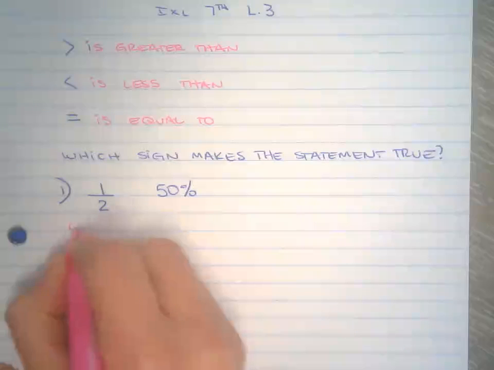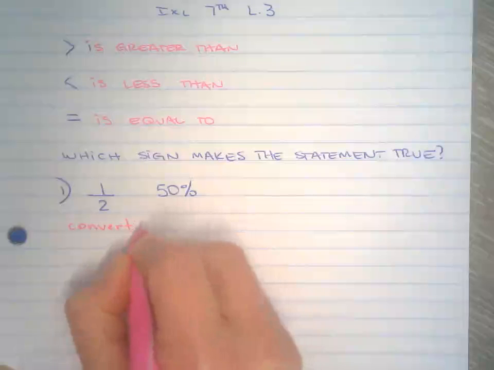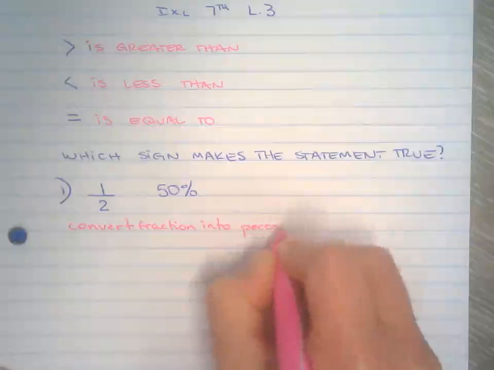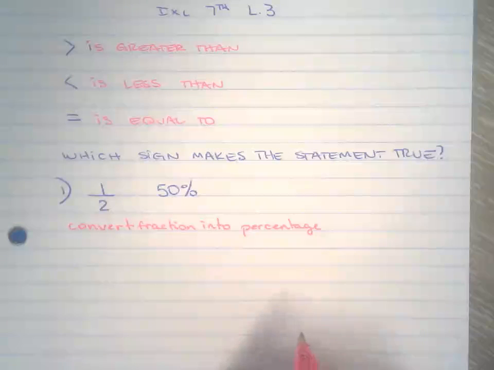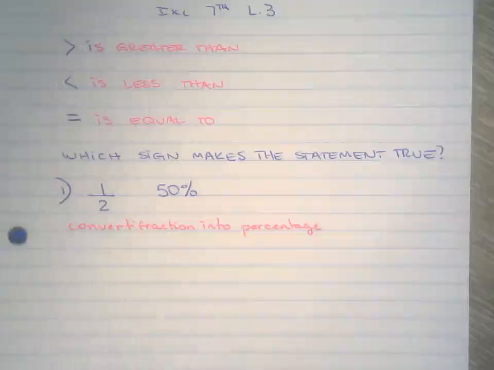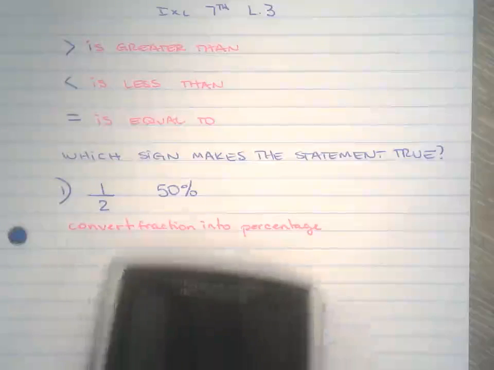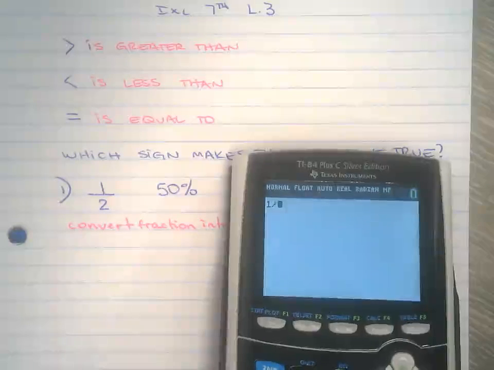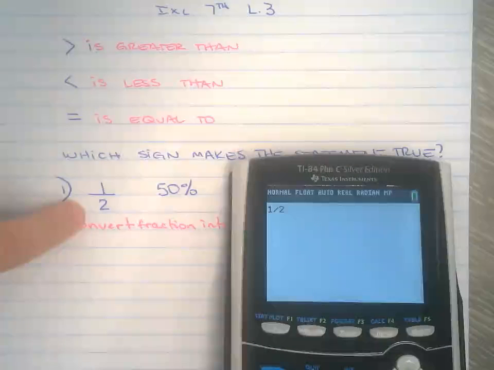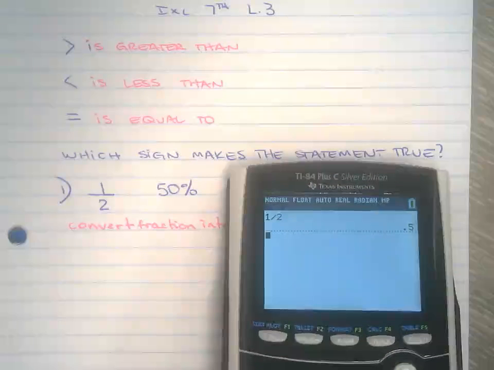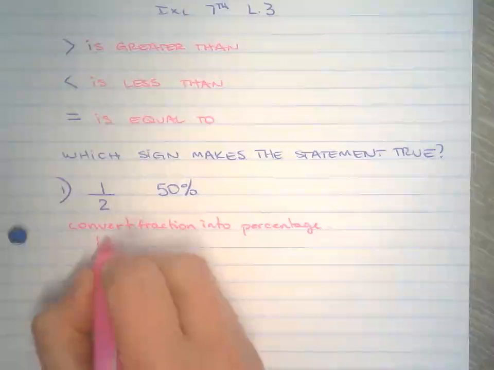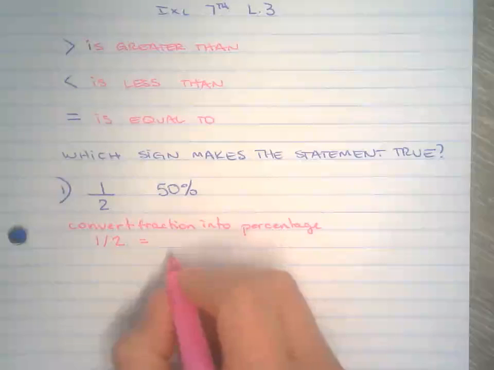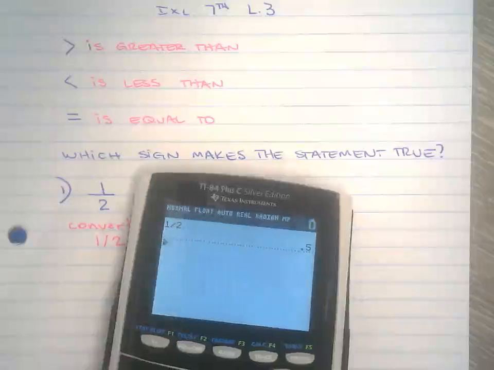So we will convert the fraction into percentage. We're going to use our handy dandy calculator here. We're going to do 1 over 2, and it's going to give me a decimal. My handy dandy calculator told me 0.5.